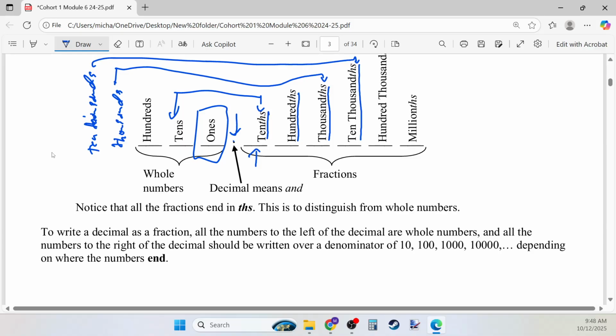I know it feels like the dot is in the middle, but really the ones place is in the middle, and the dot marks where that is.